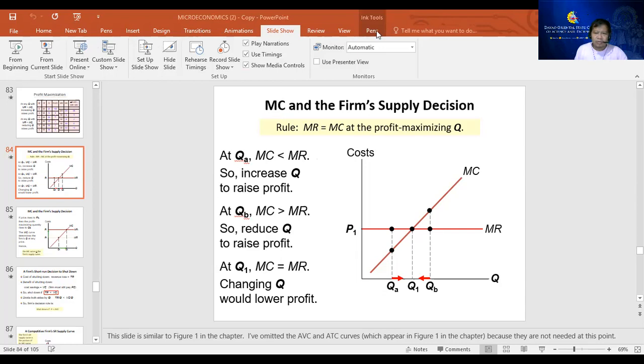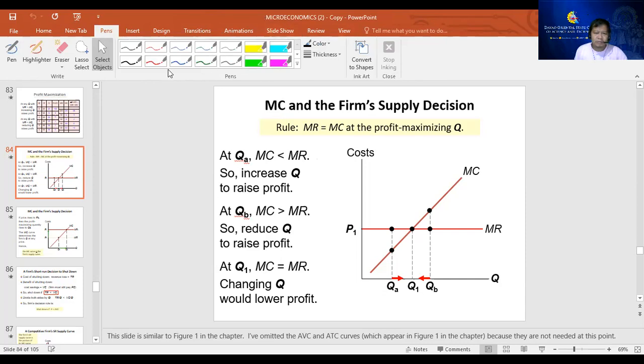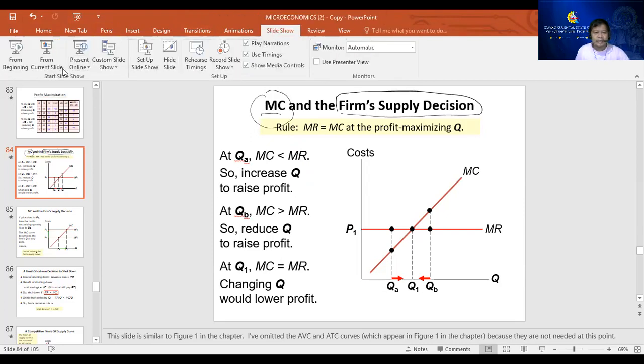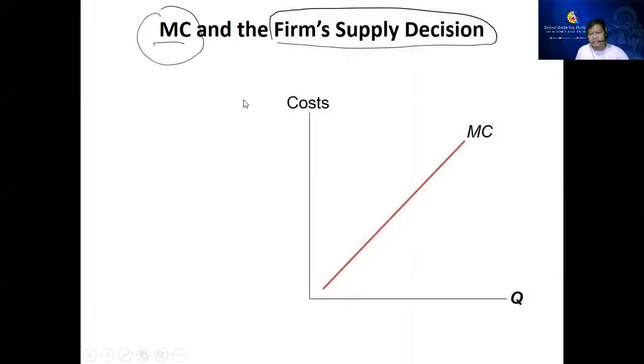So, when do businesses and firms decide to increase or decrease their supply?